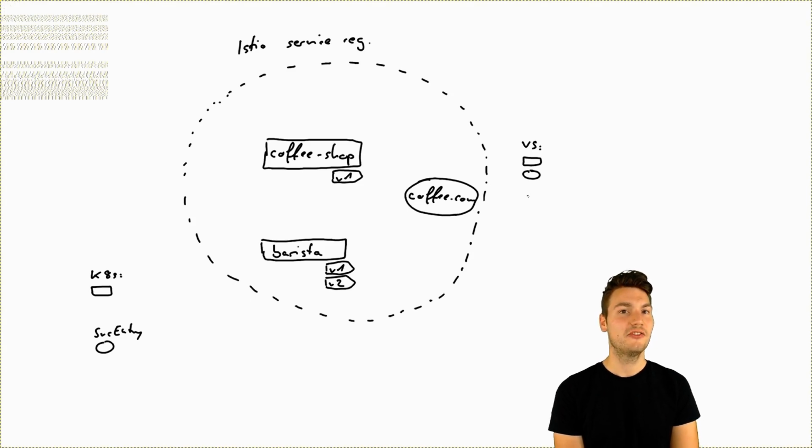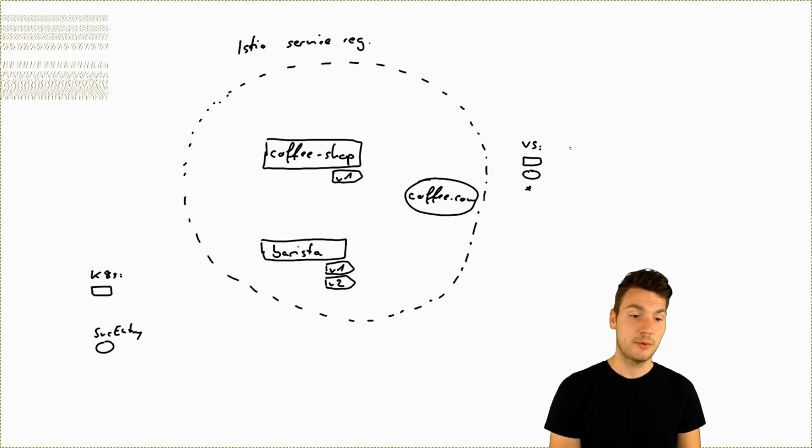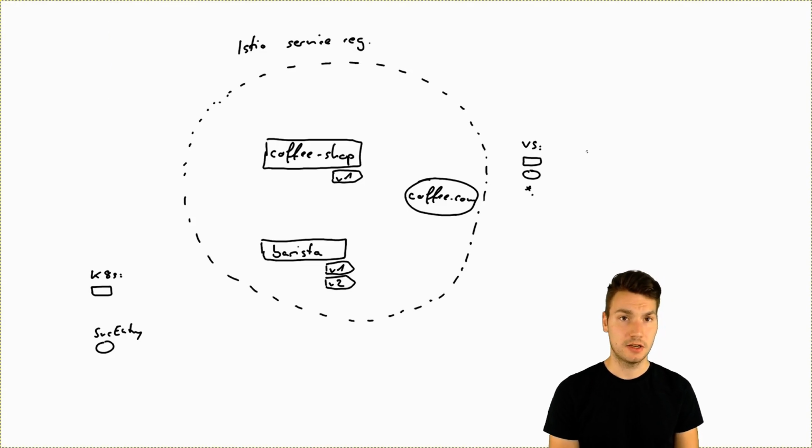So we can define virtual services for the routing as well as destination rules for all of these services that are part of our service registry, as well as wildcards thereof. So if we have a wildcard, for example all of the Kubernetes services in a specific namespace, or all of the subdomains for coffee.com, we can define virtual services and destination rules for these as well.